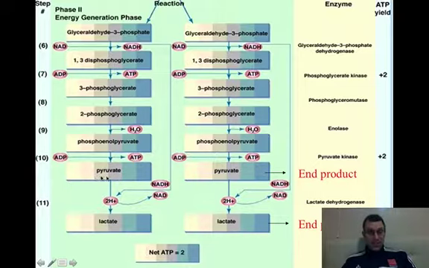Finally, after that stage, we end up with a molecule of pyruvate. Pyruvate is considered an end product of glycolysis. Maybe not the end product, but an end product of glycolysis. Now the story can continue with pyruvate making its way over to the mitochondria.